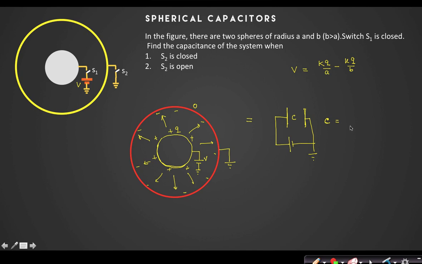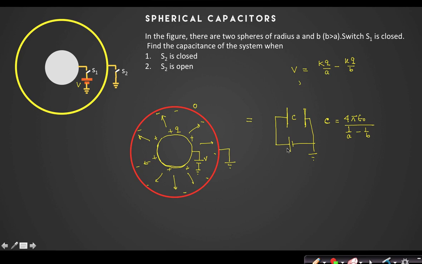AB by K into B minus A. It is 1 by K, meaning 4 pi epsilon naught. So 4 pi epsilon naught AB by B minus A. Is this the equivalent capacitance? Yes.